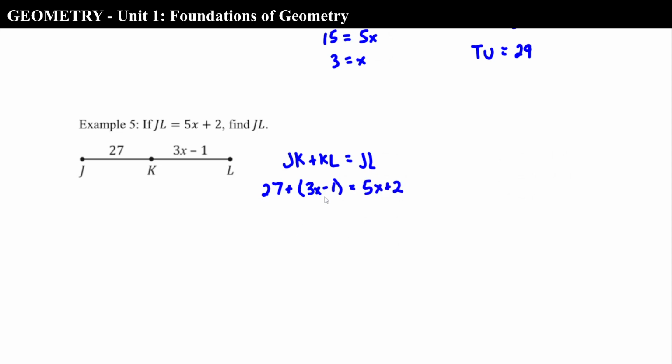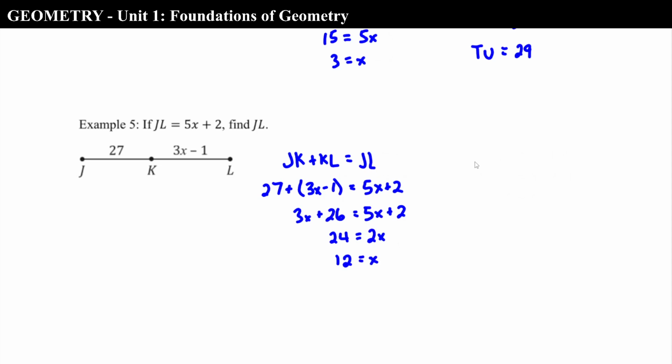So 27 minus 1 gives us 26. We're going to subtract 3x from each side. That gives us 2x over here. Going to subtract 2 from each side. That gives us 24 here. And so x is 12.